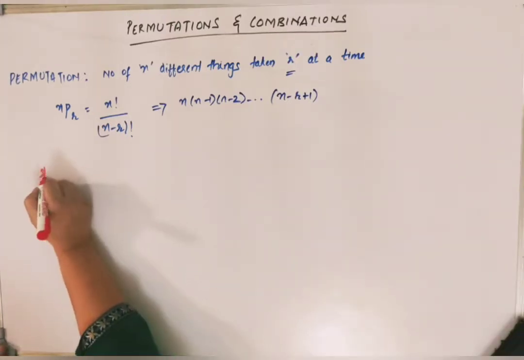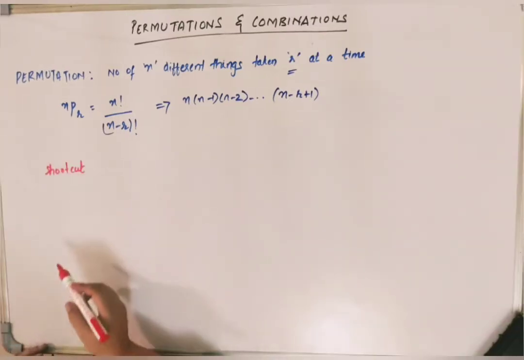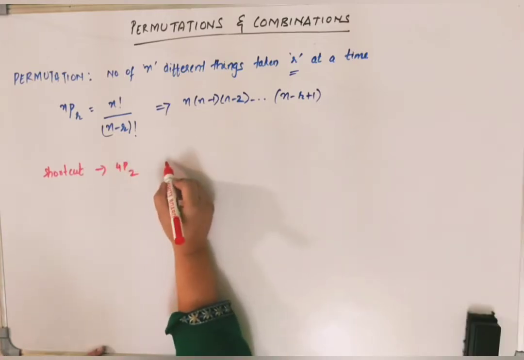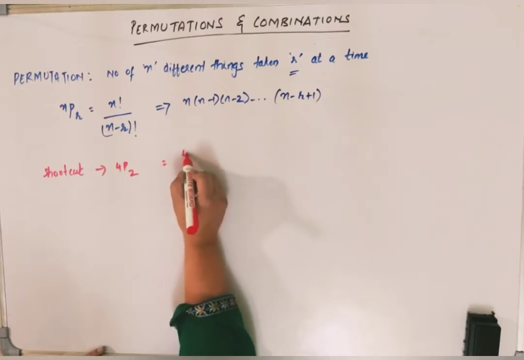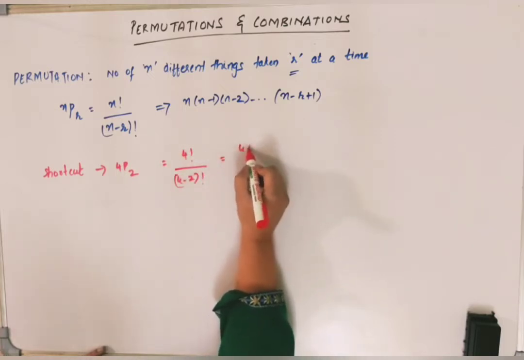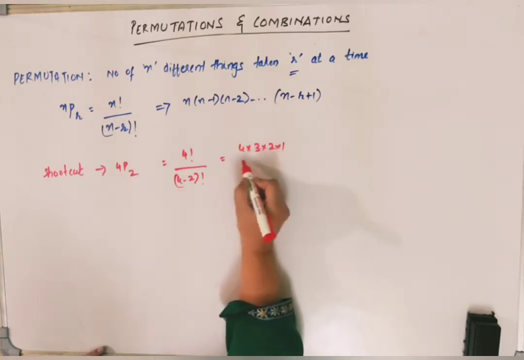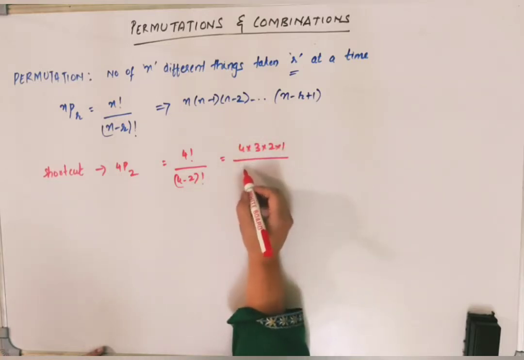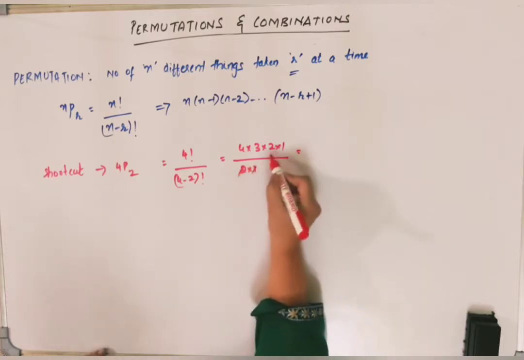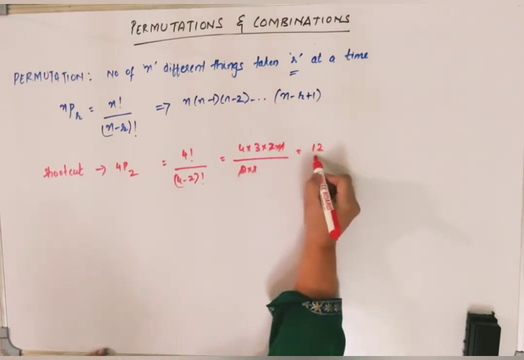There is one more shortcut to arrive at nPr. Say we have 4P2. One direct way is to write it as 4 factorial by (4 minus 2) factorial, which is 4 into 3 into 2 into 1 by 2 factorial. 2 factorial is 2 into 1, correct? Now if I cancel, I'll get 4 into 3, which is 12.